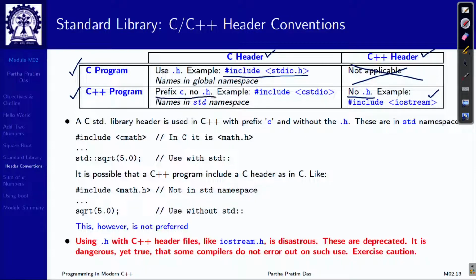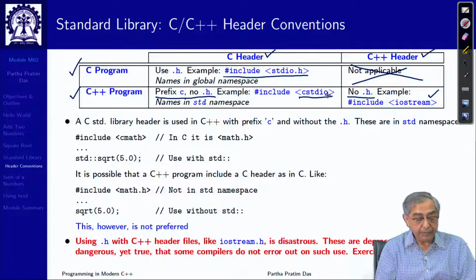If you are using a C standard library component, then the change that you have to make is put a C before the library name and not use a .h again, and the names will be in std namespace. So, it becomes cstdio, right. We have seen this.